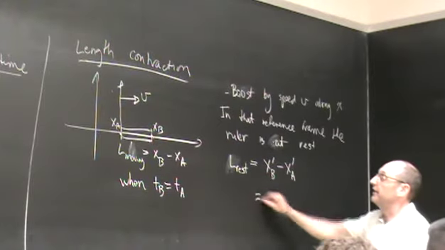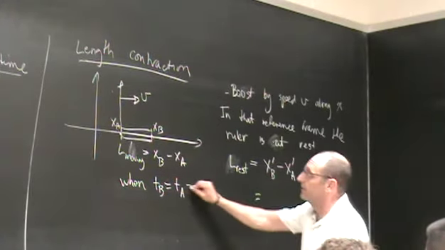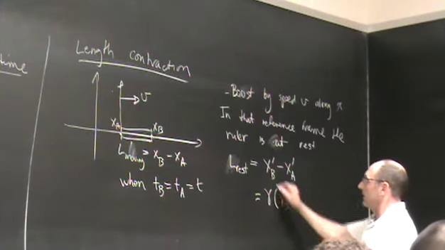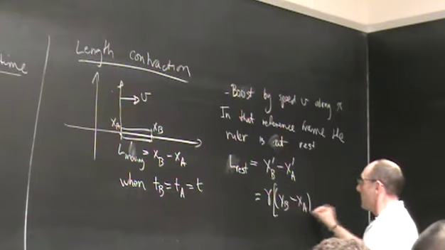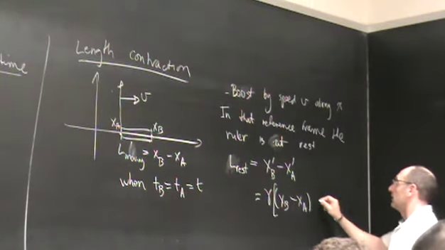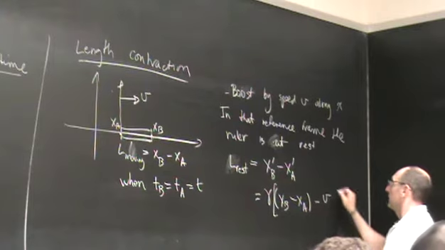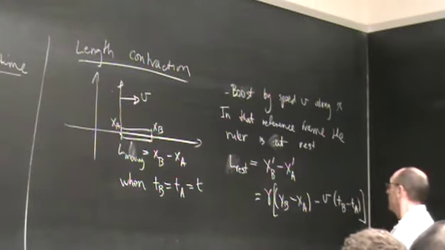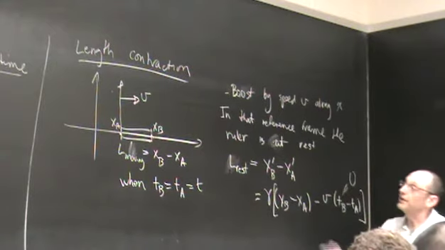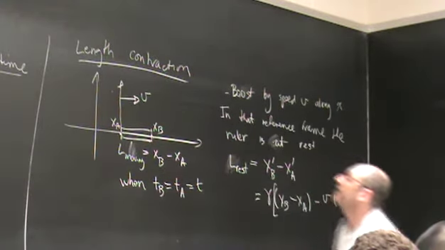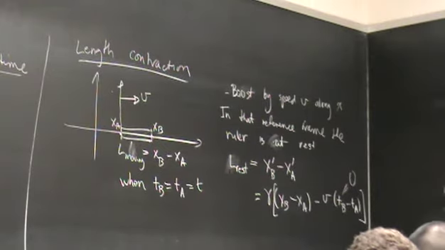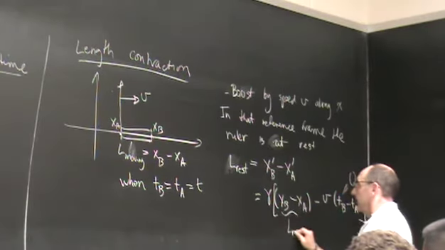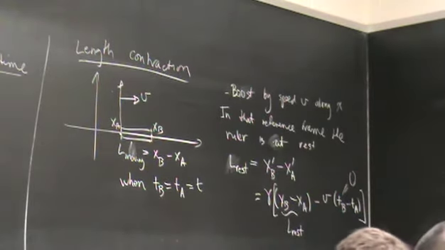So this then is equal to gamma times xb minus xa minus v times tb minus ta. This is 0 because those events happen at the same time. That's how I define the length of the moving ruler. This is the rest frame length of the ruler.